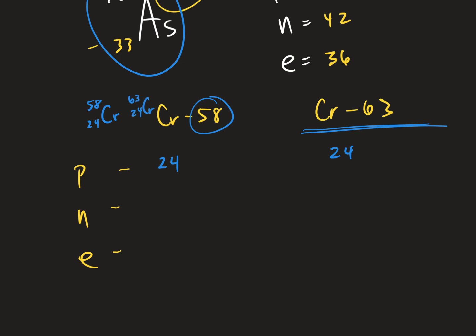Are you with me? How many neutrons does chromium-58 have? You should just subtract. What is it? 34. How many does chromium-63 have? Let's see. 39? Yeah. Good. And how many electrons do they have?